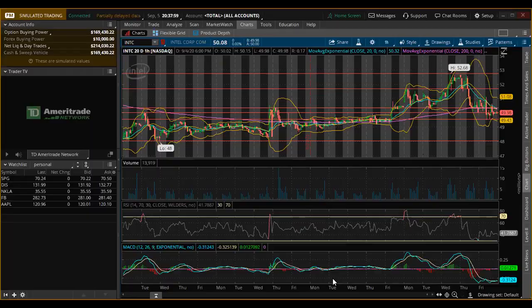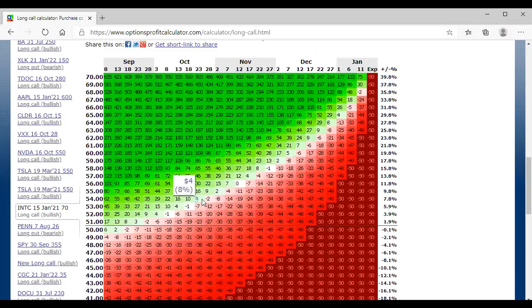Go back to the profit calculator. So if it shoots up to 52, depending on how slow it goes, if it goes up like $1 or $2 a week, I'm cool with that.